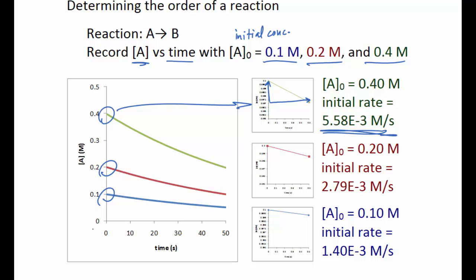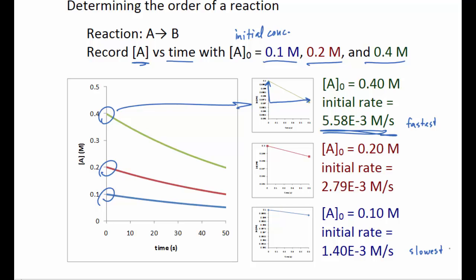So a rate of 5, a rate of 2, a rate of 1. So the reaction is actually going the fastest in which of those trials? What do you think? Which one is the fastest reaction? Yeah, the one with the 0.4 initial concentration. That's the fastest. That's the slowest. That's going to be important for us to remember.